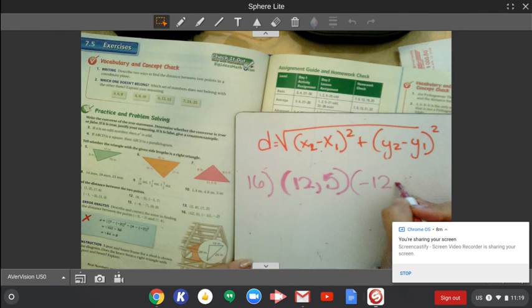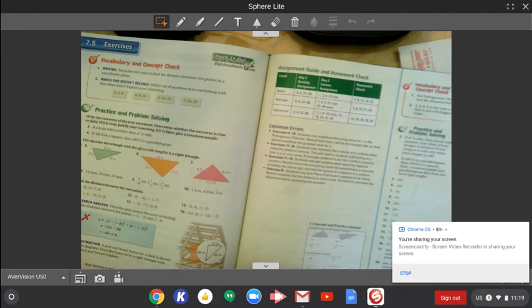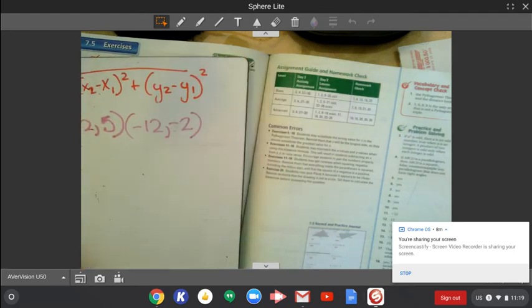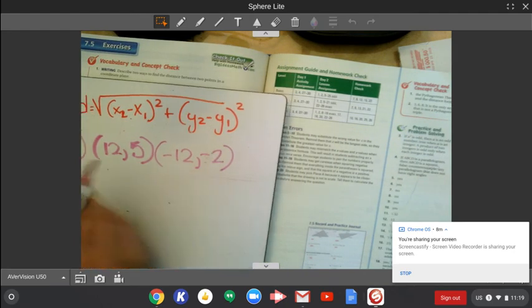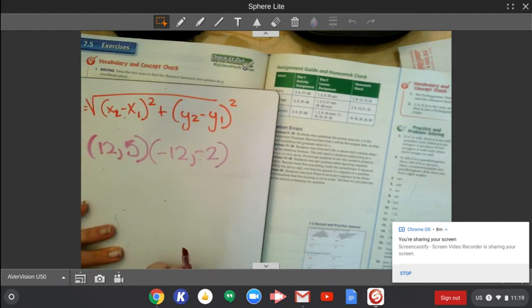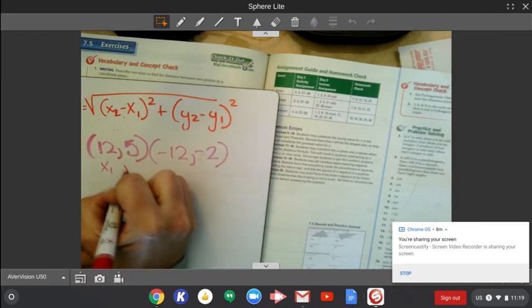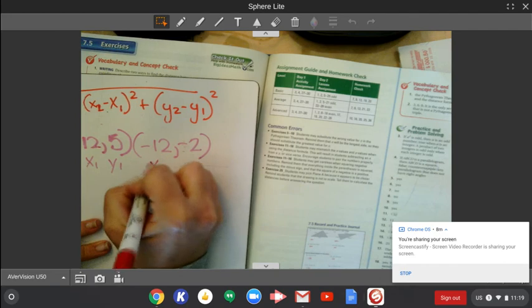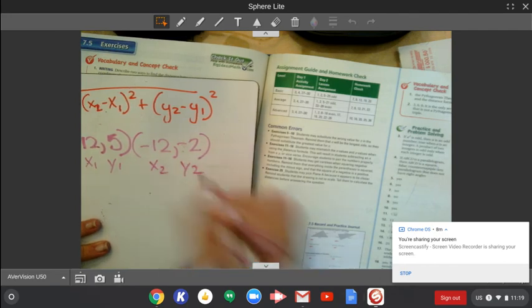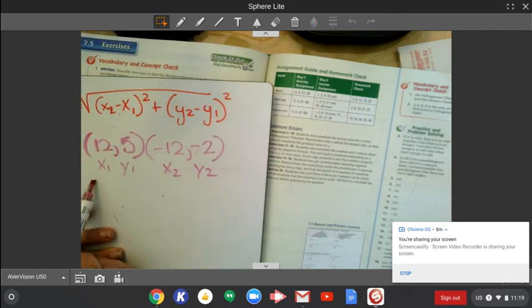Negative 12, negative 2. Okay? So, step 1. This is the problem. You're going to probably have this problem in your classwork today. All right, x1, y1, x2, y2. First x coordinate, first y coordinate. Second x coordinate, second y coordinate.